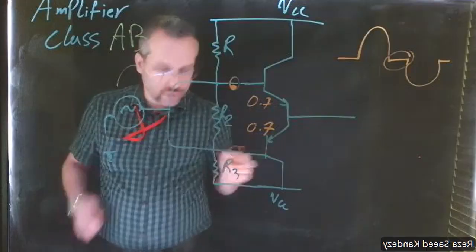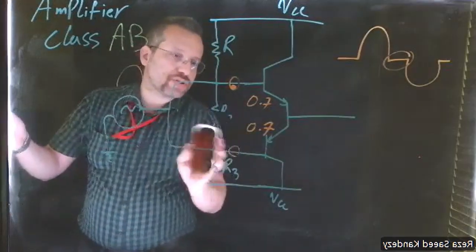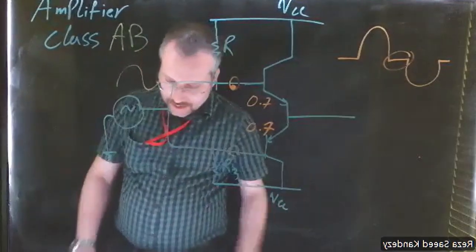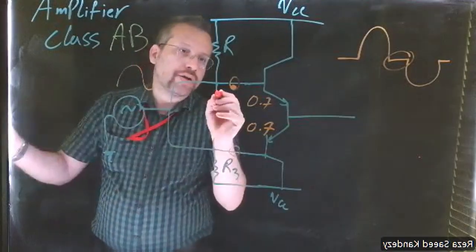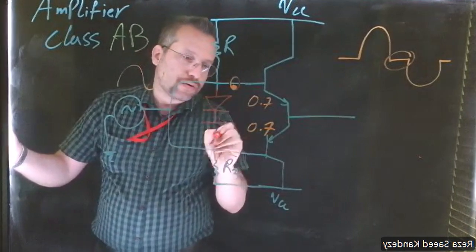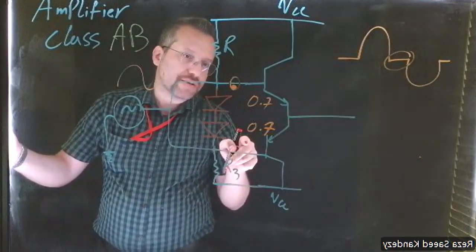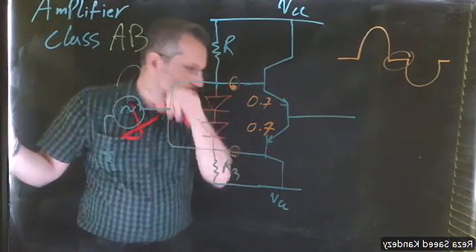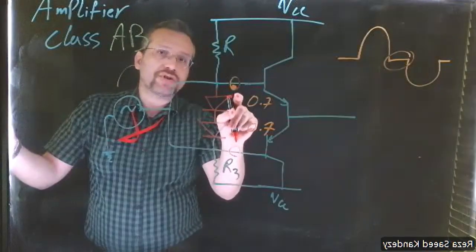So what we are going to do is get rid of this resistor, okay? And instead, we are going to attach two diodes between the two bases. Now, we know these are silicon diodes.